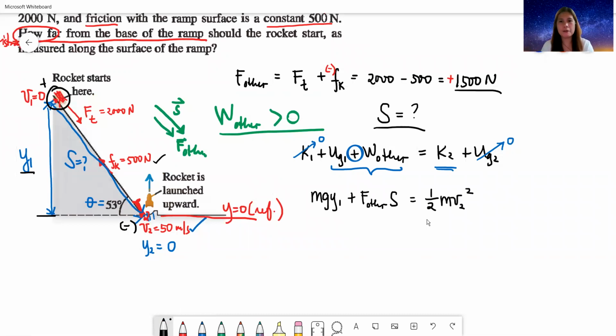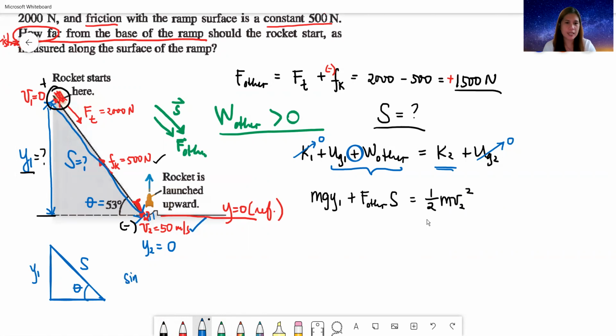Okay, let's further simplify this. We do not know the exact value of y1, right? It's not given. But we can write y1 in terms of s so that y1 will be out of the equation and the variable s will also come out of this first term. So you can use trigonometry there. You have your y here. This is s. Okay, simple trigonometry. This is your hypotenuse s. This is your theta and this is your y1.